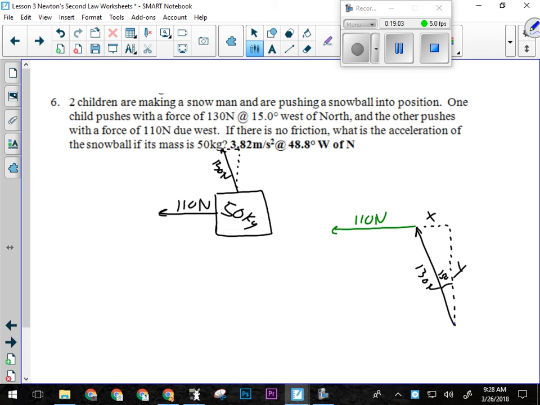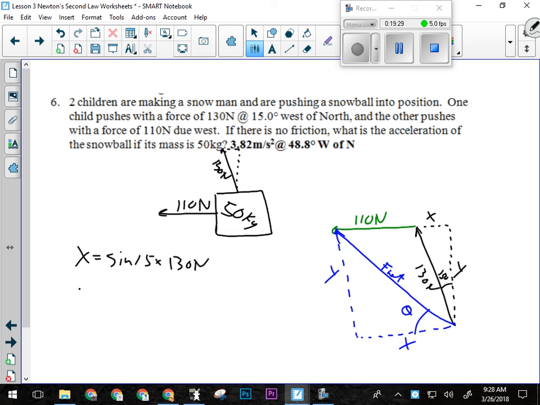So the snowball is going to be pushed, whoa, that's a very crooked line, but you get the idea, in this direction here. We have some unknown angle. This will be our net force, and this will be its y and x component. Same as always. If I want to find black x, black x will be the sine of 15, because it's the opposite side, times 130 newtons. And black y will be the cos of 15 degrees times 130 newtons.